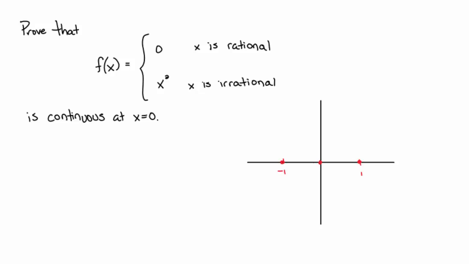So therefore you have an infinite number of points between -1 and 1 whose output for this function, whose y value, will be 0. Yet there are also, between any two rational numbers, an infinite number of irrational numbers.